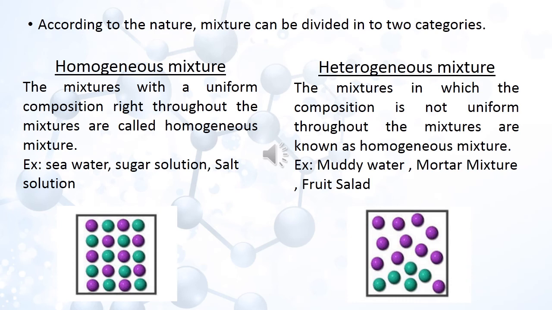Another example we'll take is fruit salad. We can't say that every spoonful is equally distributed. The number of pieces of fruit will be different. You won't get equally distributed spoonfuls.